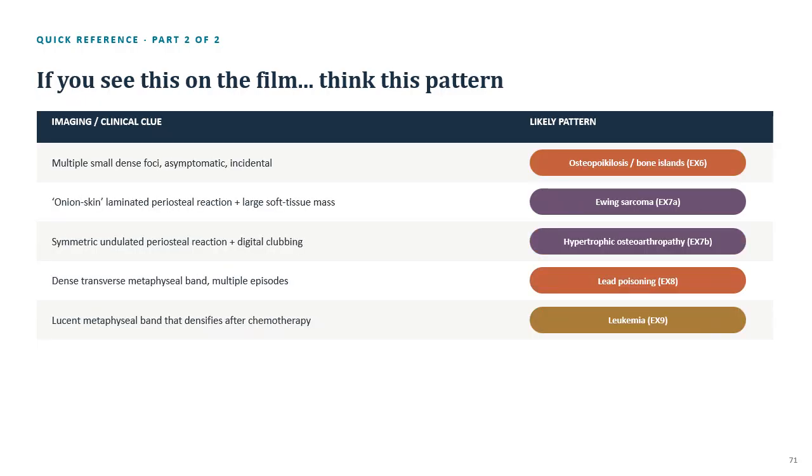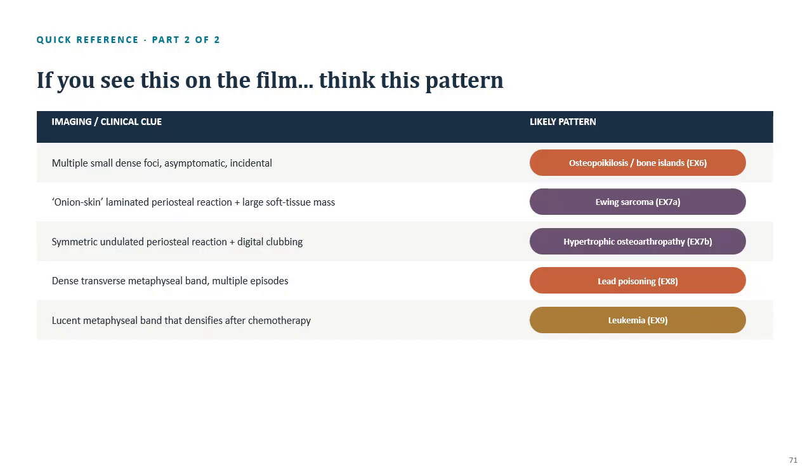This is our last quick reference slide for our extremity patterns. Again, these are just things that can help us narrow down what we're dealing with in terms of the patient. If we see multiple small dense spots in the bone on imaging, and the patient presents with no symptoms whatsoever, they might tend to think about bone islands or osteopoikilosis.